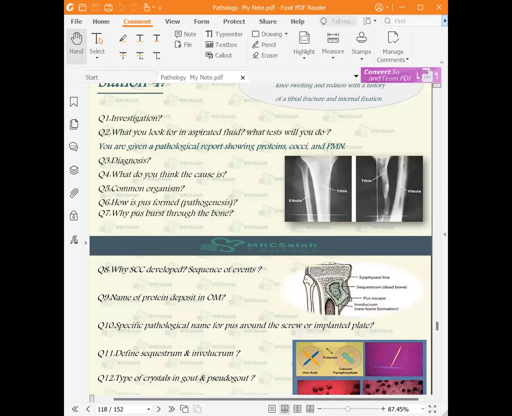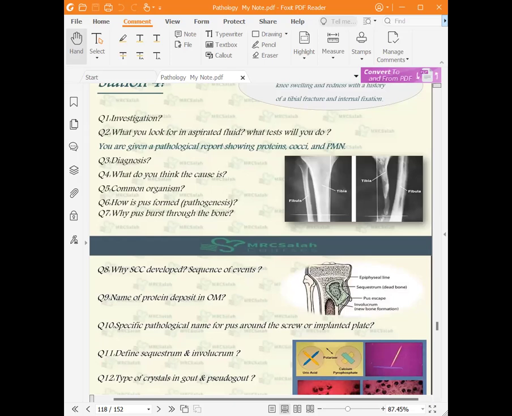I said before, one answered this question in one of the mocks. It was a really good one. He said it is an inflammatory response associated with infection and chiefly containing fluid part and solid part. Then you will say the components of the fluid part and solid part.